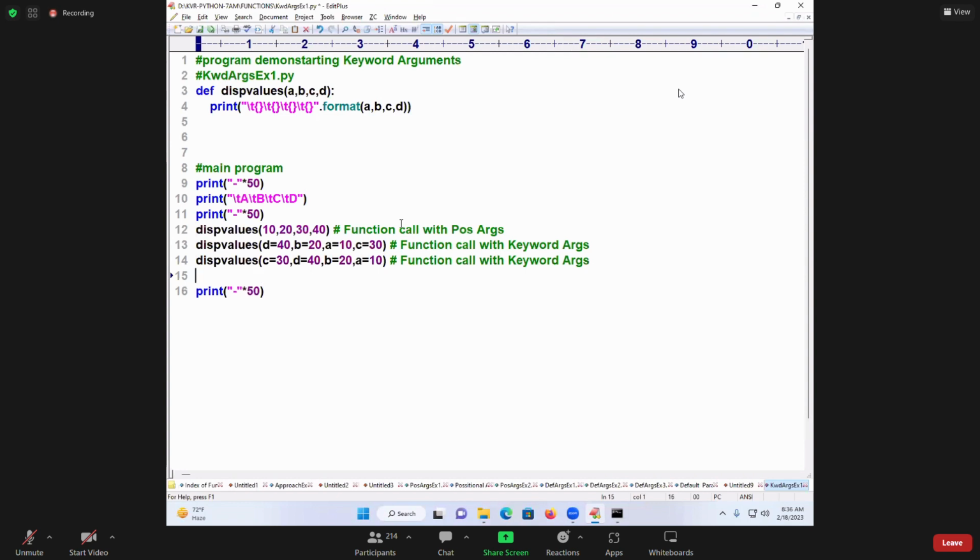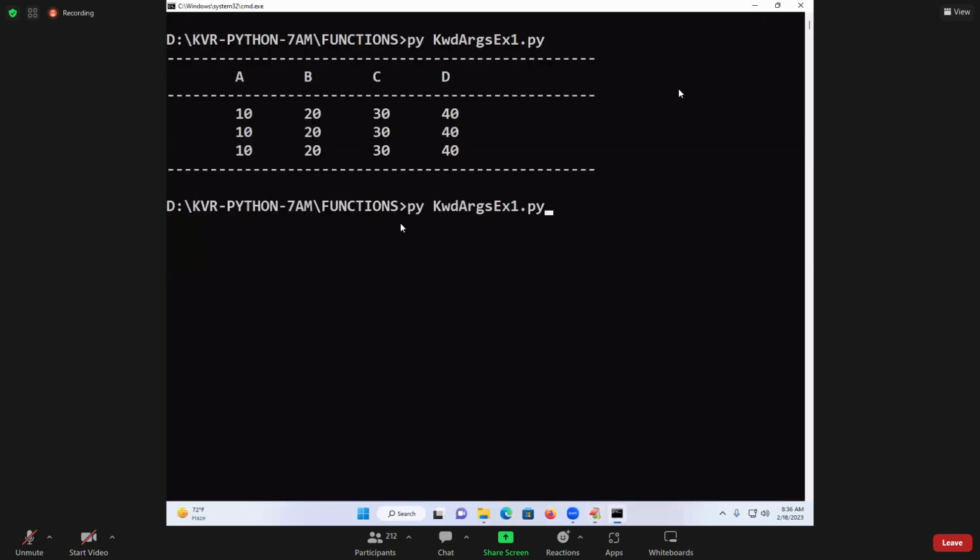Next I am writing one more here like this. B is equal to 20, D is equal to 40, A is equal to 10, C is equal to 30. Are you following this? Different order.